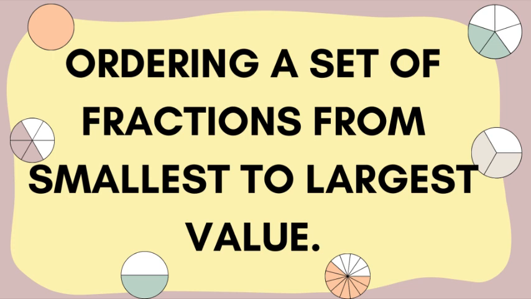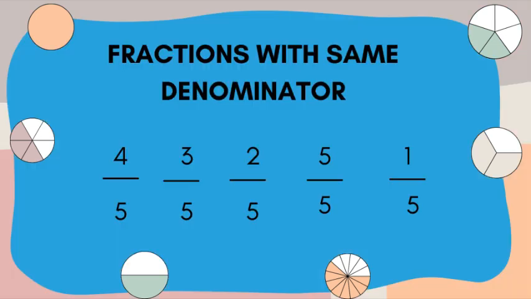Let's take a look at the first example. Fractions with the same denominator. For this example, we have 4 over 5, 3 over 5, 2 over 5, 5 over 5, and 1 over 5. With fractions with the same denominator, it is easier to place them into ascending or descending order.